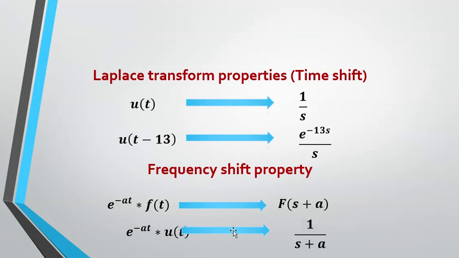Look, as simple as that. So for e to the power of minus at times u(t), the Laplacian will be 1 over s plus a.